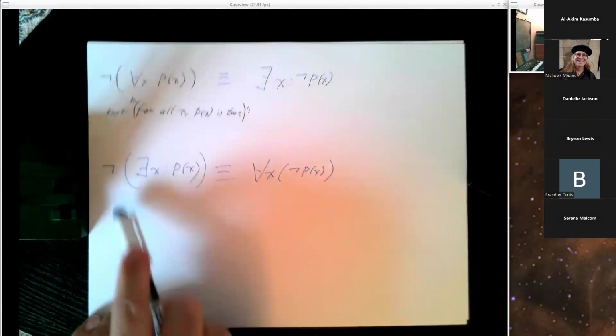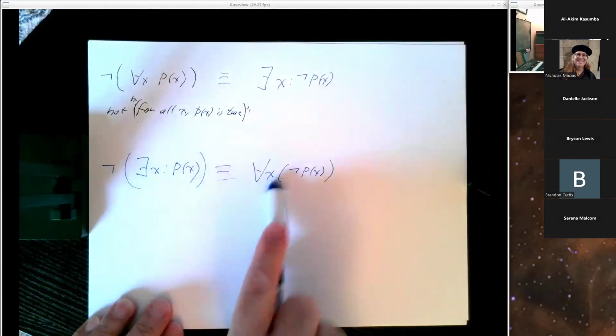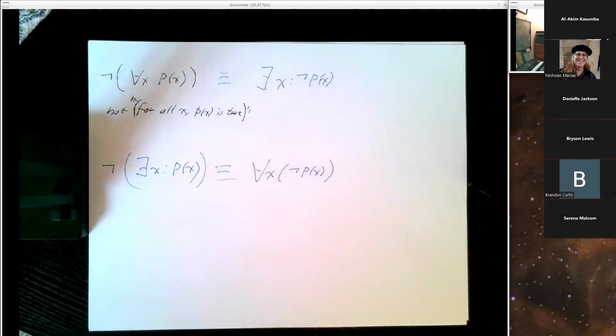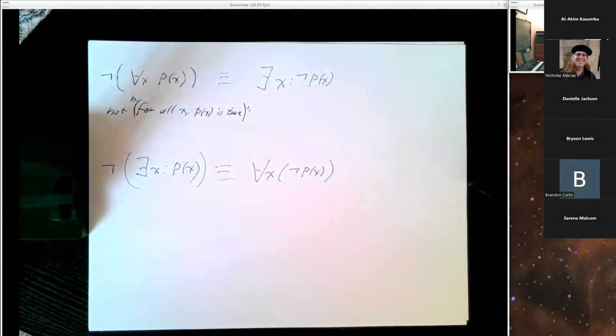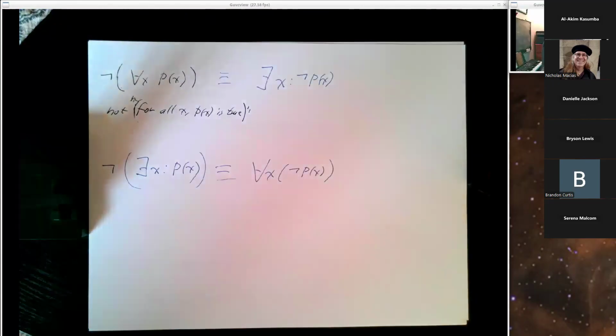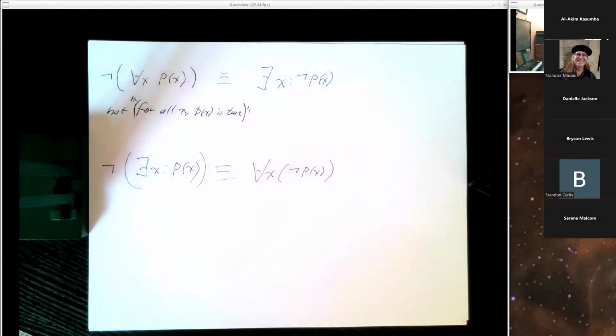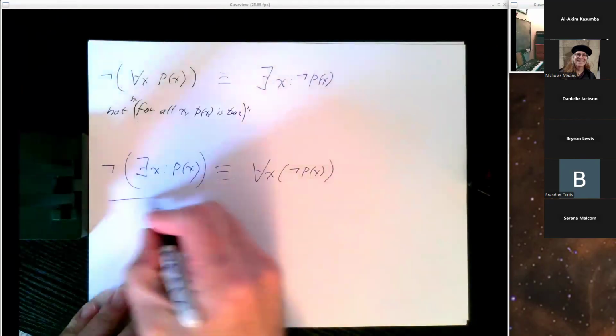So we can switch the negation inside, but we have to swap the existential for the universal. So these are things to think about to get more familiar with these quantifiers and how they act and how they interact.